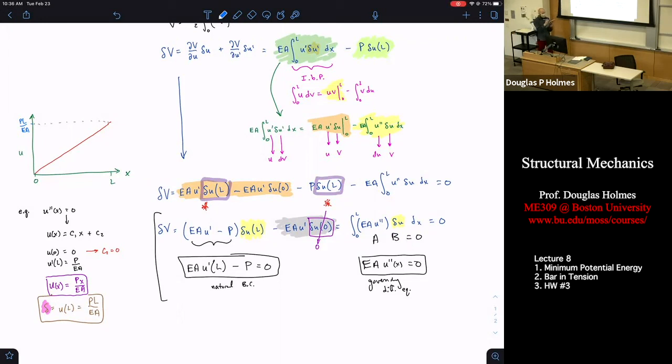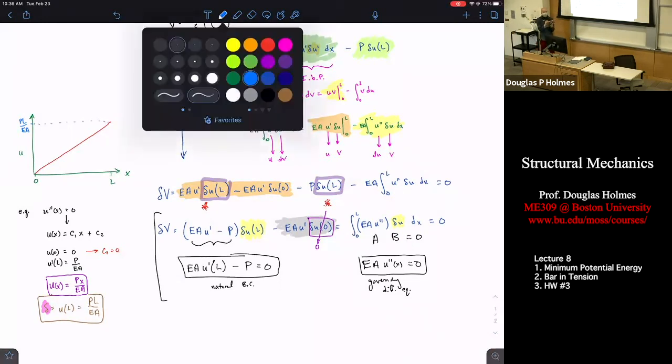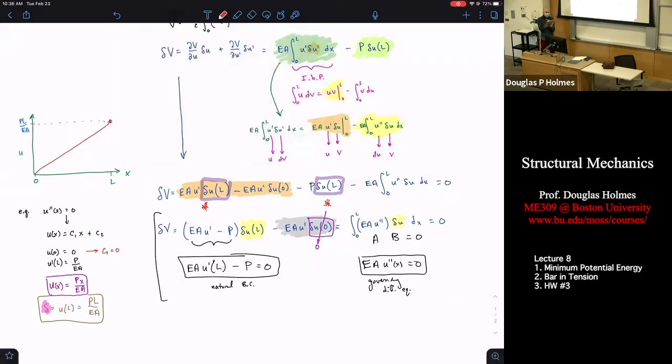So in mechanics of materials, we learned, by averaging out, that if you pull on a bar, the displacement is PL over EA.